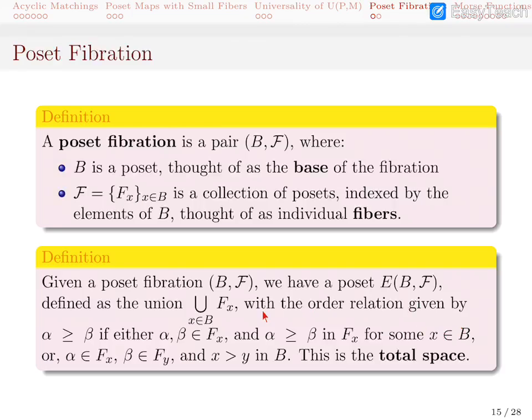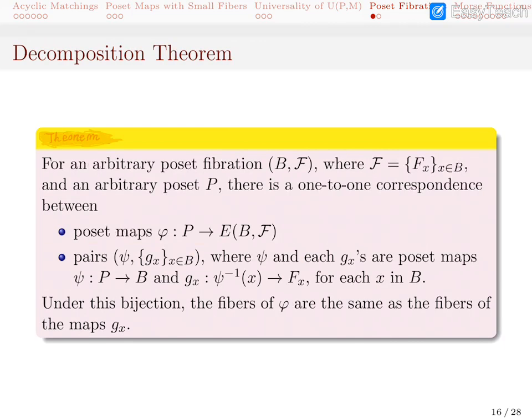And the relation is just a kind of lexicographic order. So you have alpha greater than or equal to beta in this setup, first of all, if both of them are in F_x, then you would require alpha greater than or equal to beta in F_x. And secondly, if they are in different fibers F_x and F_y, then you just want x greater than y in the base B. And this poset is called the total space.